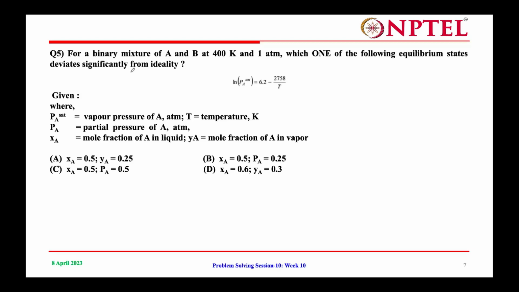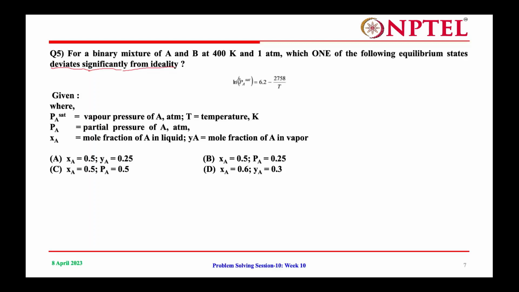Question 5. For the binary mixture of A and B at 400 Kelvin and 1 atm, which one of the following equilibrium states deviates significantly from ideality?